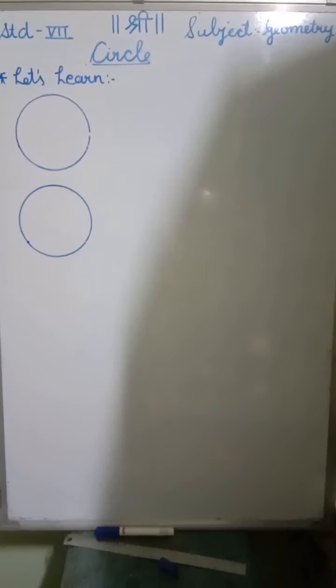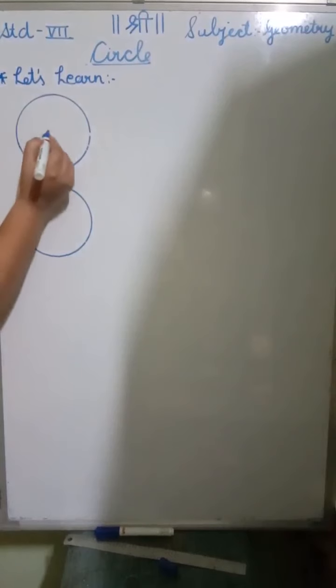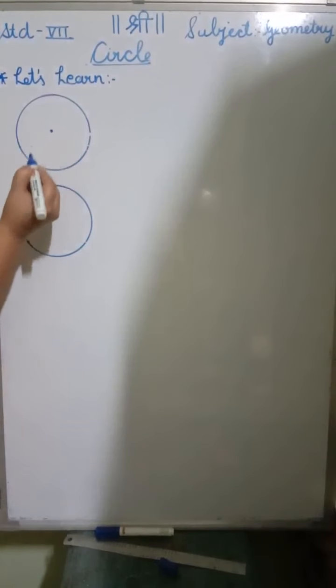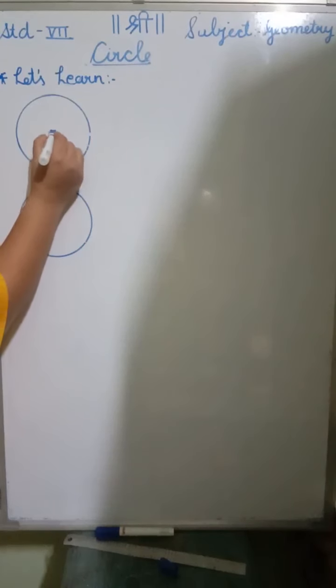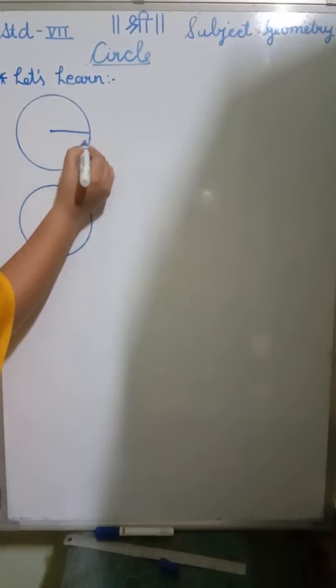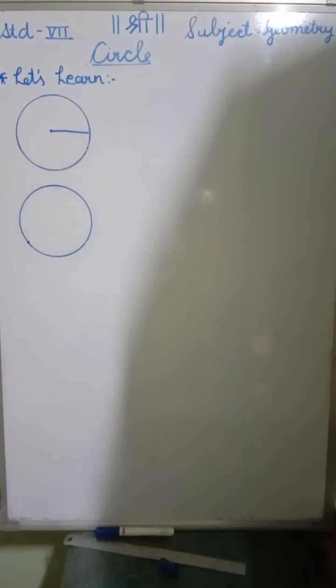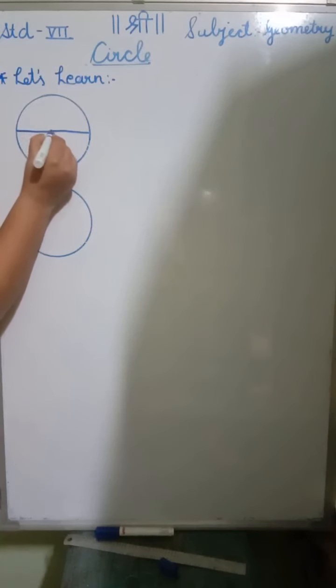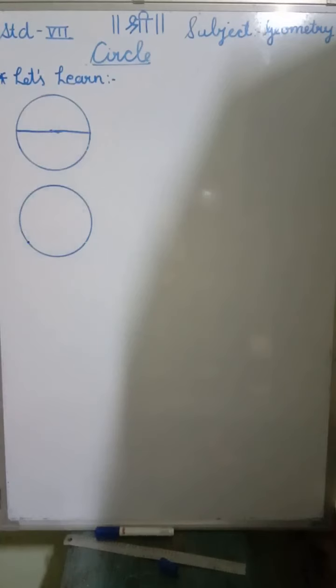So now we are able to see two circles on the board. Every circle has a center. The line which is drawn from the center to the circumference is called the radius. The line which starts from the circumference, passes through the center and again meets the circumference is called the diameter.